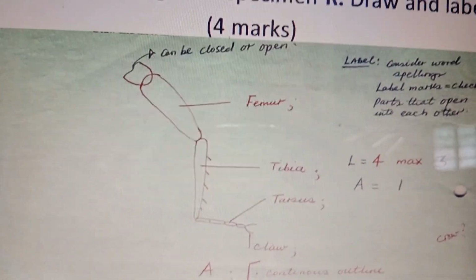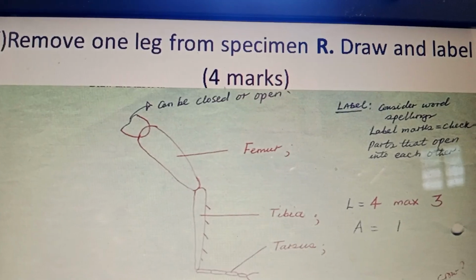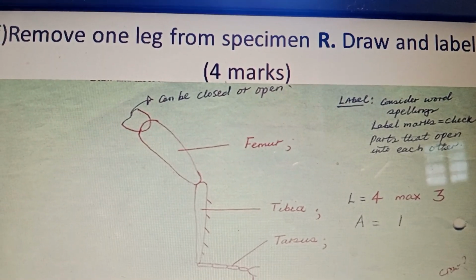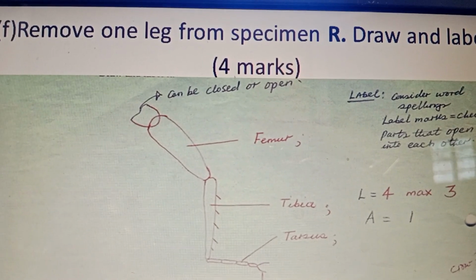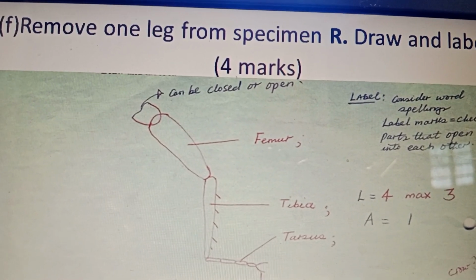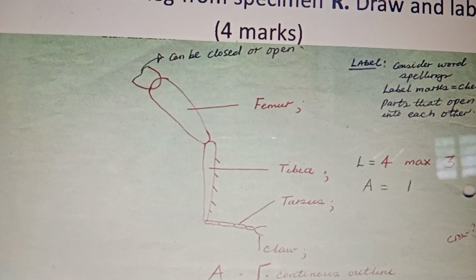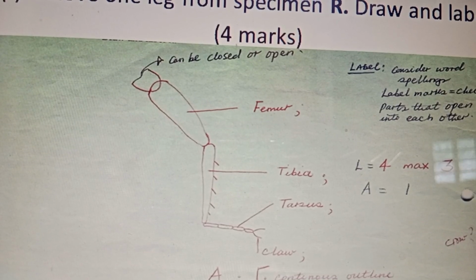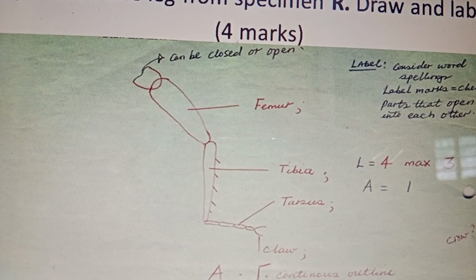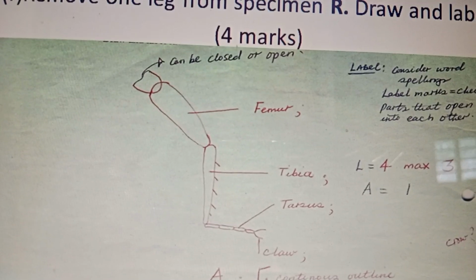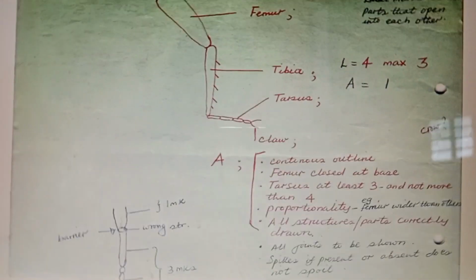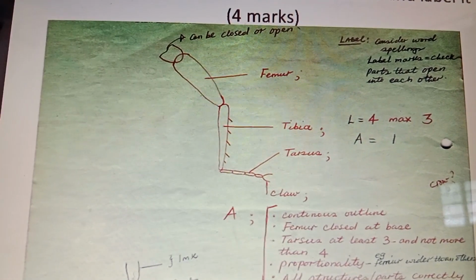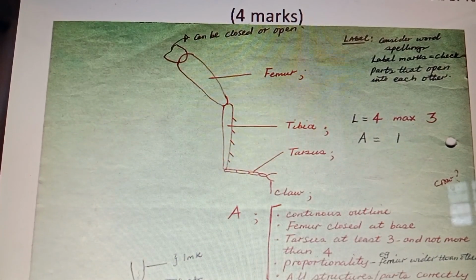So this is after you remove one leg from the specimen so that you draw and label it, where you are getting 4 marks, but maximum label is 3. All right, so that you give the accuracy mark and the total will be 4. So that one has been problematic, guys.